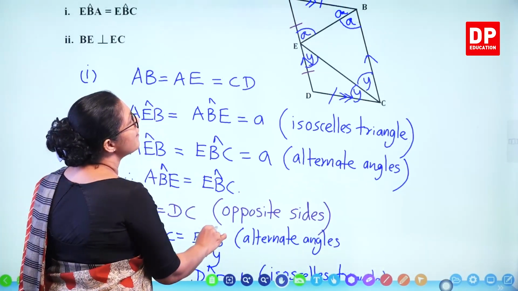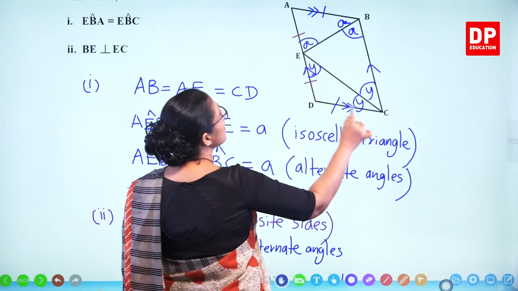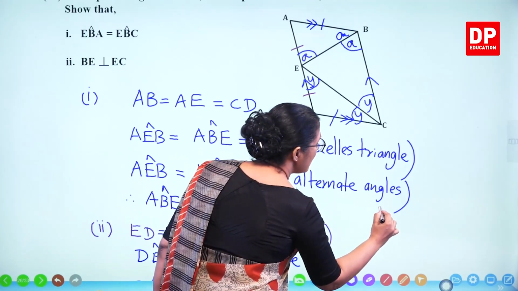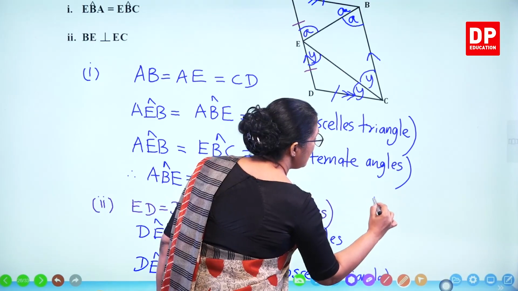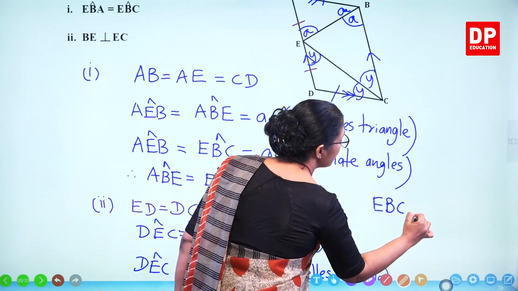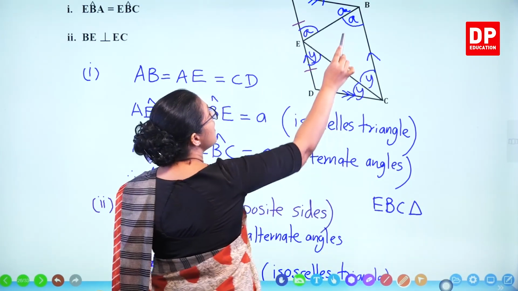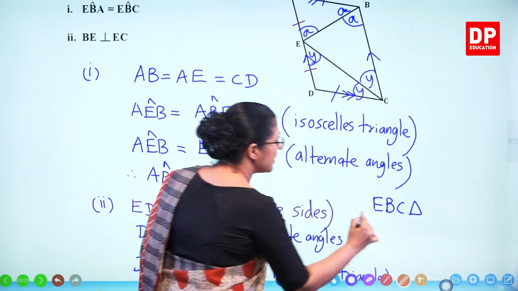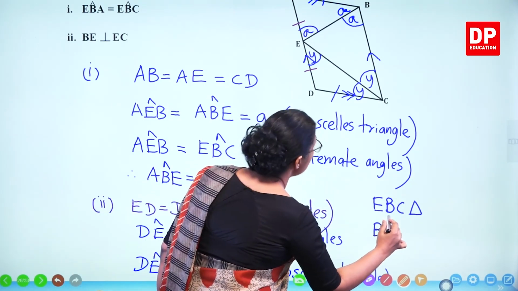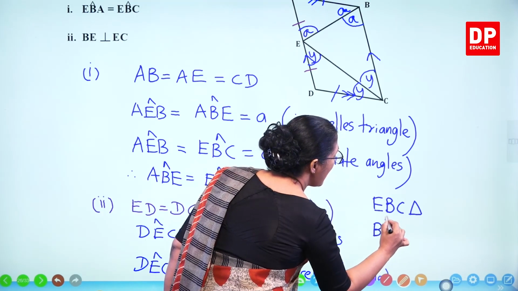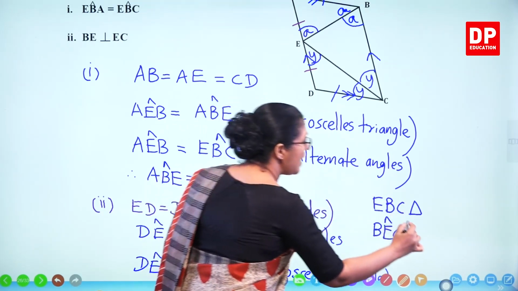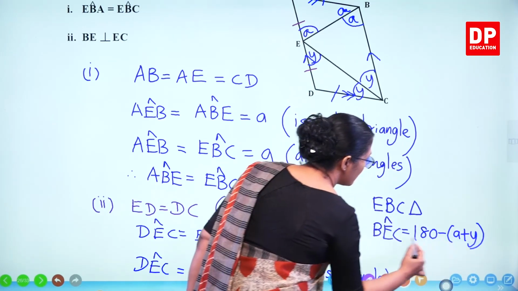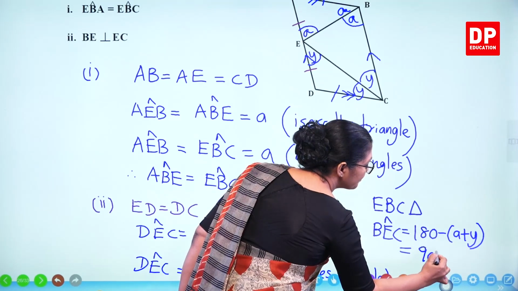Now look at the diagram. EBC triangle. What can you say? EBC triangle. a plus y is 90. So what is BEC angle? BEC angle is 180 minus (a plus y). So that's 90.